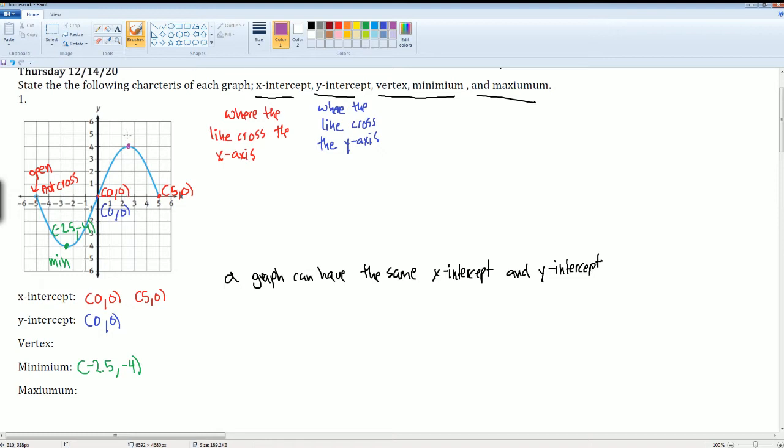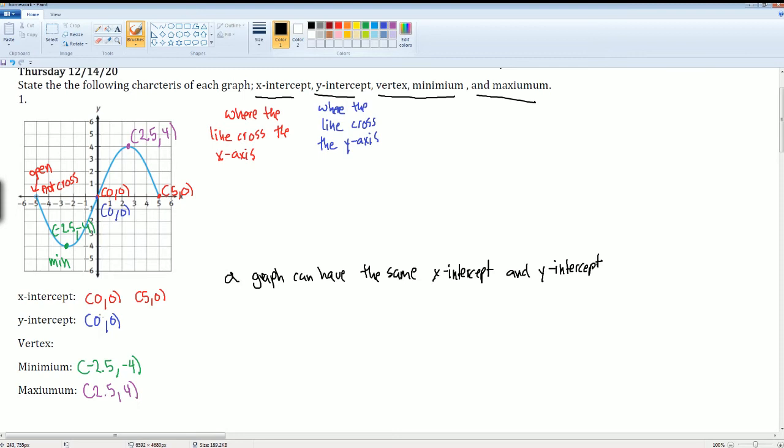Your maximum, I can make that purple, goes all the way up here. That looks like positive 2.5, not 2 comma 5, 2.5 comma, what is your y? Looks like that is positive 4. So your maximum here is 2.5 comma 4. So what is your vertex? Your vertex is just your minimum or your maximum.